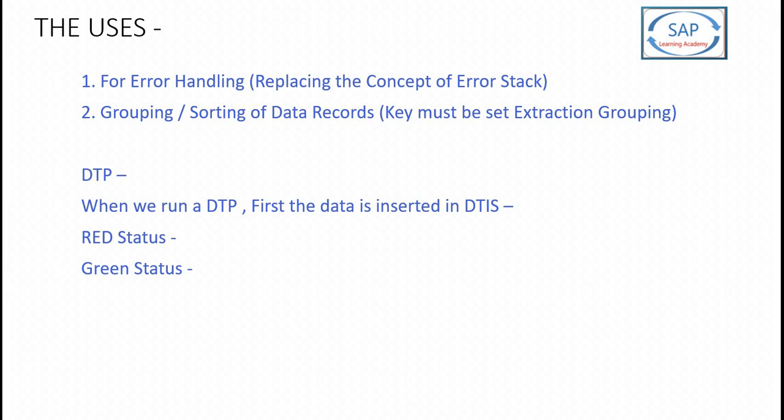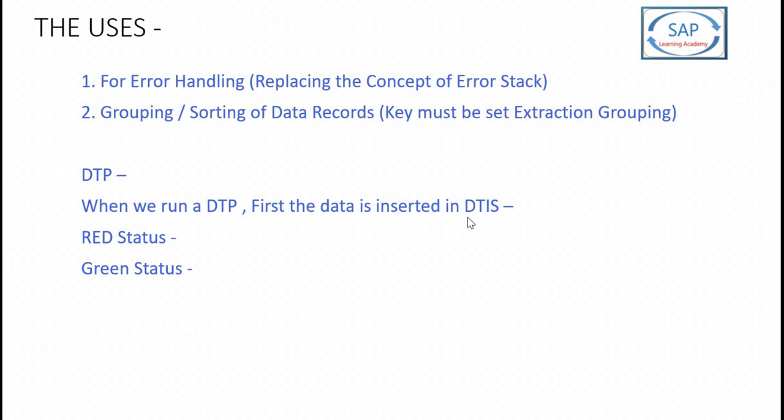And now comes the process. When the DTP is executed, first the data will be inserted in the intermediate table that is called DTIS. In case the DTP has some error or it has failed with red status, then the data will be stored in DTIS.